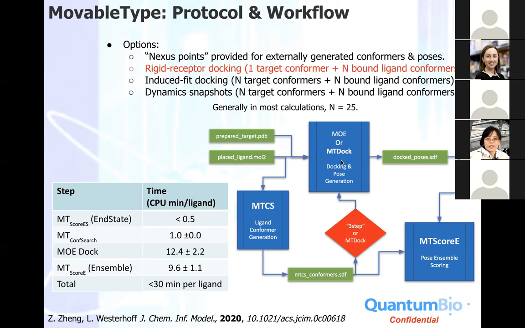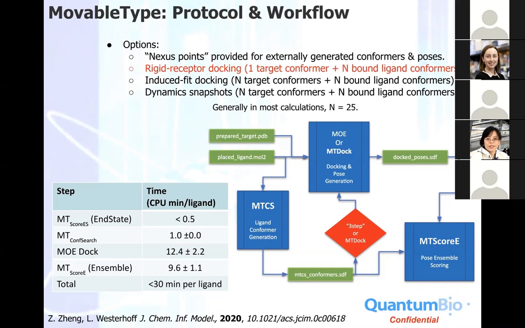In all the results I'm going to talk about, these were based on rigid receptor docking, where you had one target conformer, that's the protein conformer, and N bound ligand conformers. But I could have just as easily performed, with a little bit more time, an induced fit, which would have had N target conformers and N bound ligand conformers, or I could, of course, do dynamic snapshots where it again would be N target and N ligand.